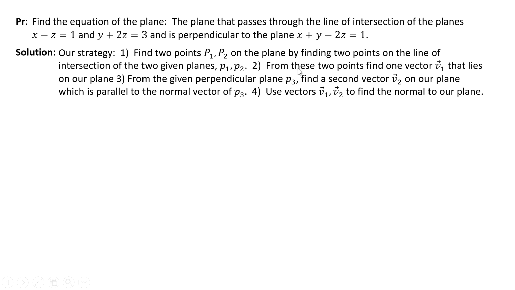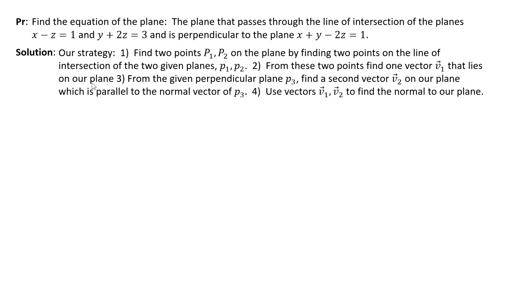Next, from these 2 points, find one vector v1 that lies on our plane. Right? Once you know 2 points, you can find a vector through that. From the given perpendicular plane P3, find a second vector v2 on our plane.